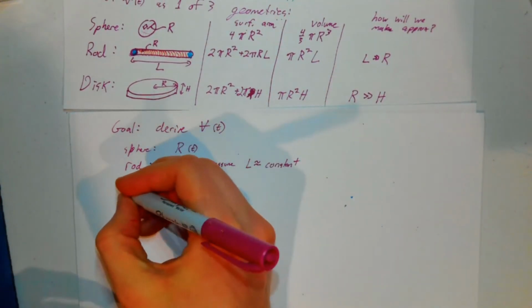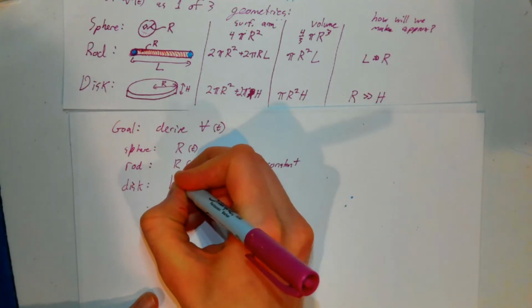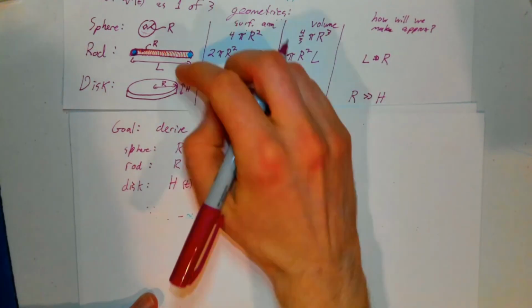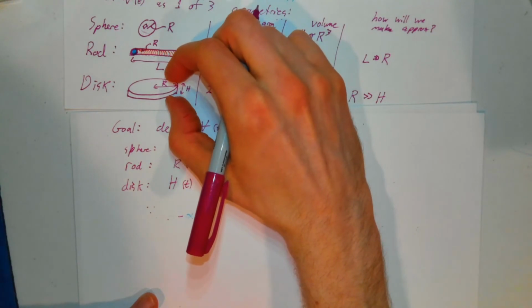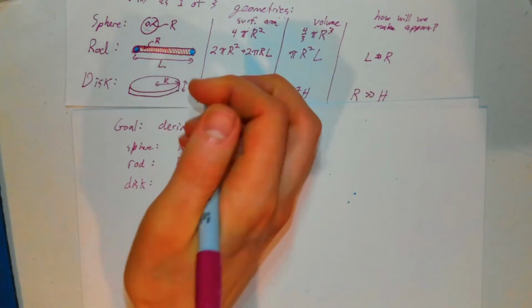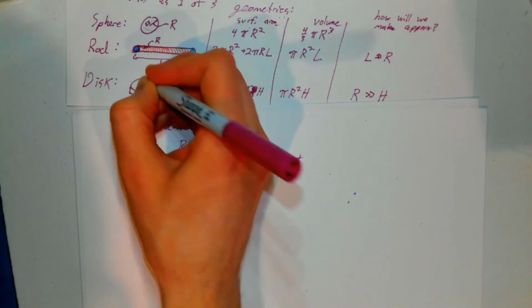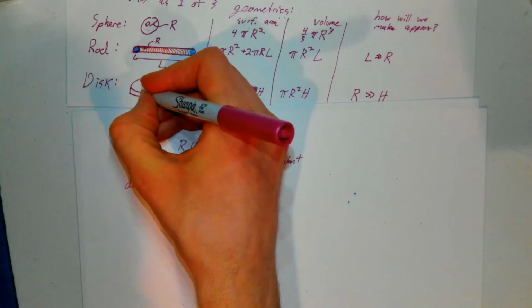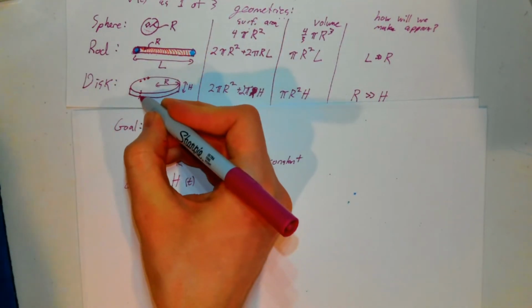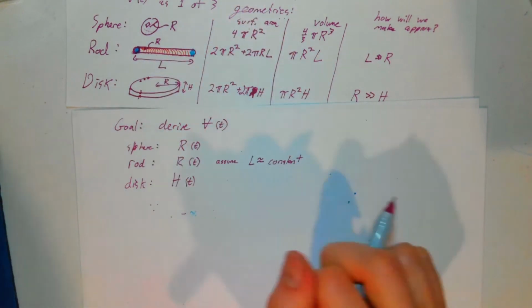And for a disk, our goal is to basically find the thickness as a function of time, because it's that thickness that is changing, and we're going to assume that its radius isn't really appreciably changing. Strictly speaking, it is getting eroded a little bit away from the edge, but mostly, the biggest factor affecting its volume change is the erosion from the faces towards the center.